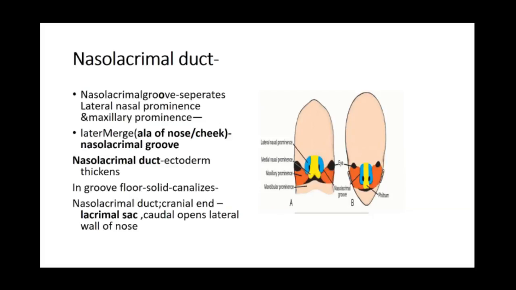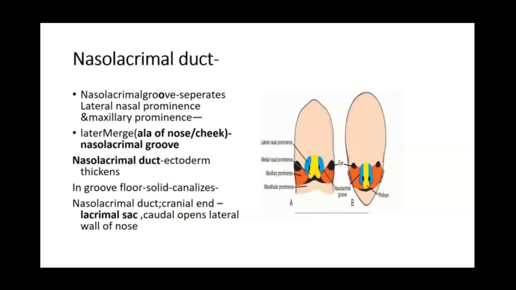This solid rod is then ultimately going to become canalized, and this canalization is going to give rise to your nasolacrimal duct. The dilatation above is going to be called your lacrimal sac, and this is going to open into the lateral wall of the nose, the inferior meatus of the nose, that is the nasolacrimal duct.